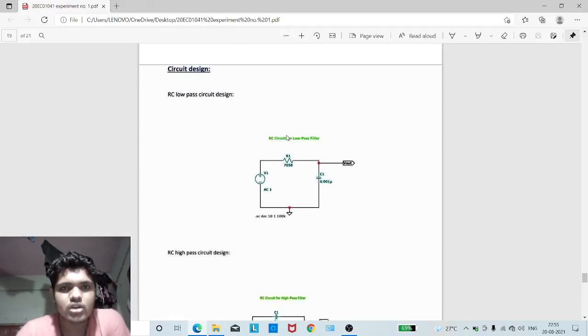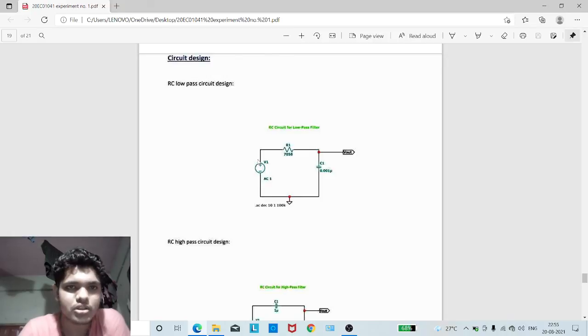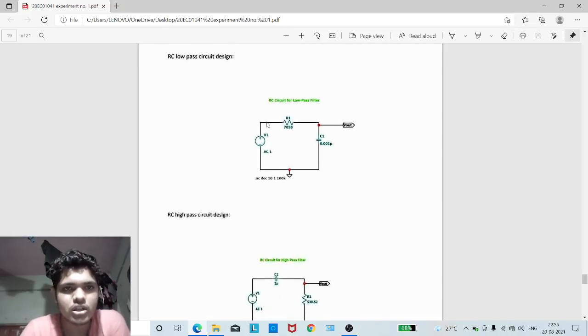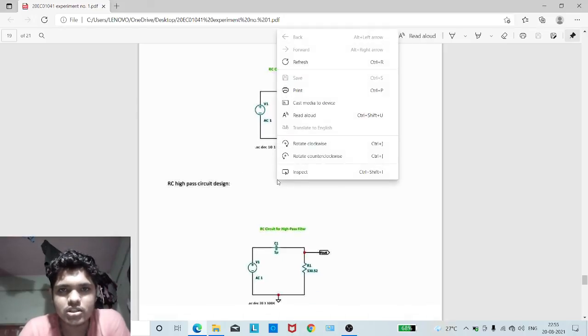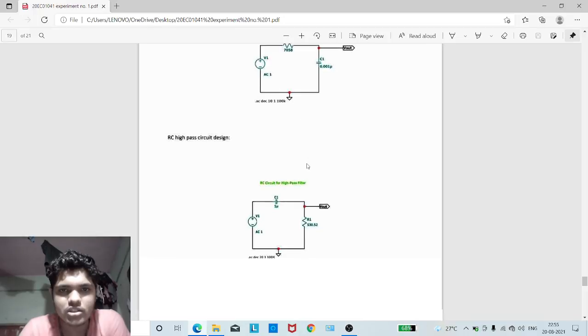And here we have used LTSpice, so we have the designs of the circuits here. This is the RC low pass circuit design using the LTSpice software.